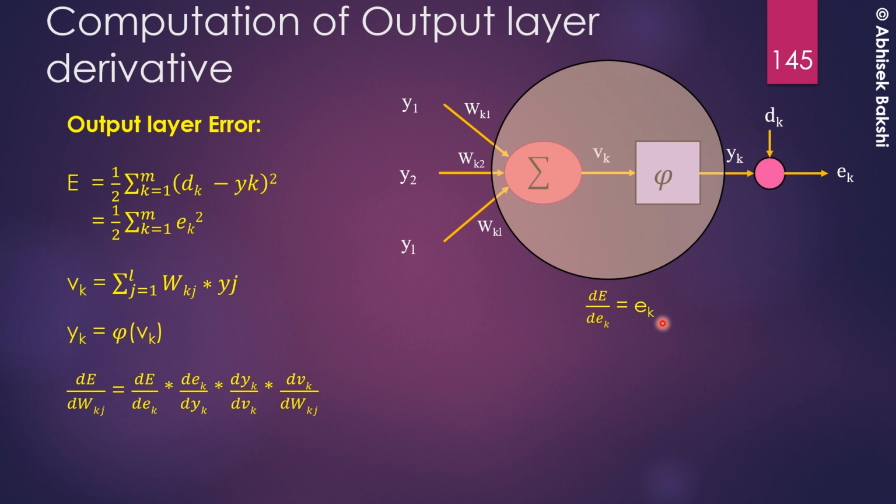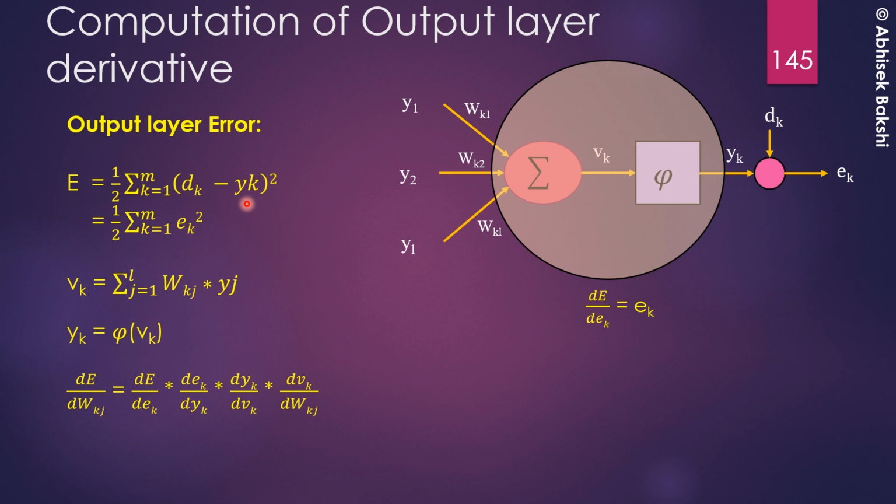If you cannot understand what exactly is happening, you can try it at home and check with simple differentiation rules. Now next comes derivative of ek with respect to derivative of yk. What is ek? Ek means dk minus yk. If you try to find the derivative of ek with respect to yk, what will happen? This dk is a constant value, so its derivative is 0, it's gone. Minus yk will remain.